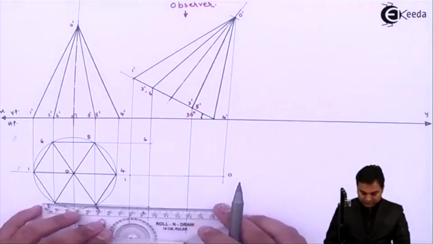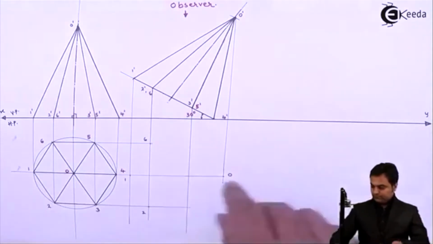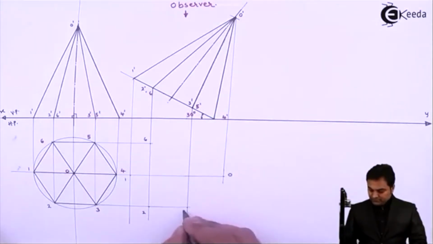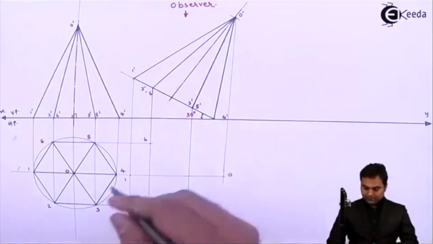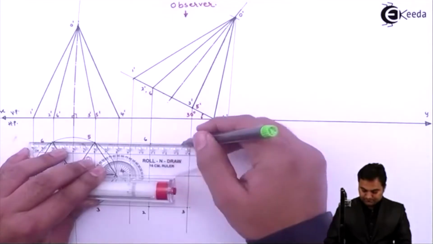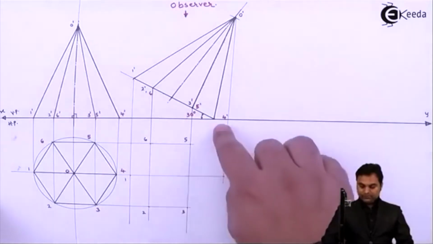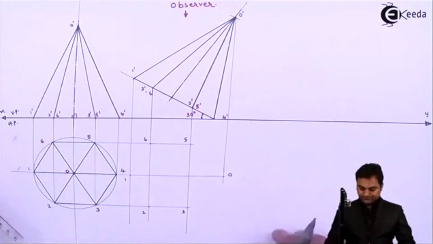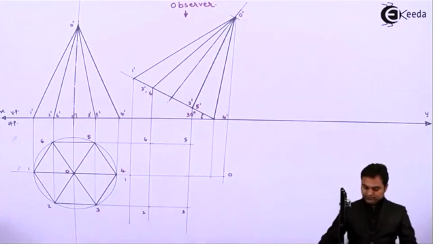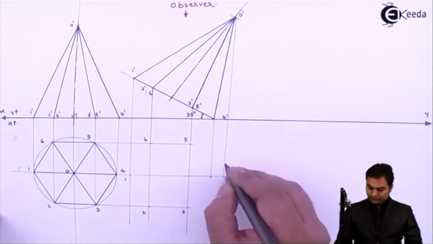So point 3 will be projected on the same line as point 2 is there. So wherever 3 dash and point 3 intersect, that is point number 3. Next, for point 5, on to the same line as point 6. This is point 5. Then point 4 dash will be projected light, and point 4 is here. So wherever these two points 4 dash and 4 intersect, that gives me point number 4.